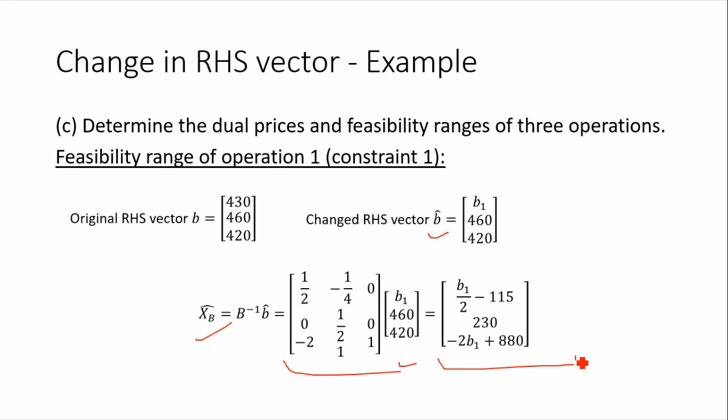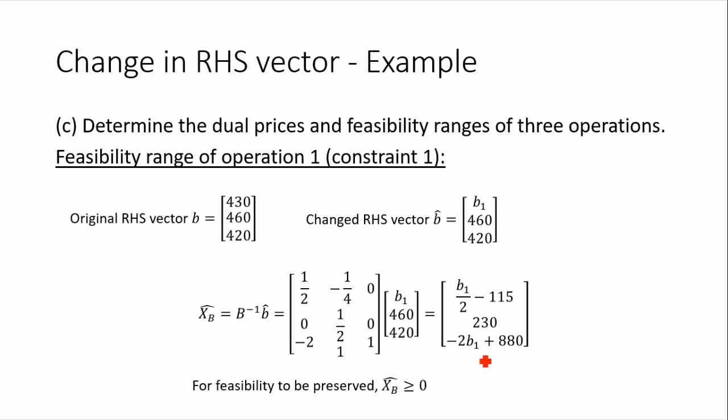Because we are computing the feasibility range, we want to know the condition that will keep this newly obtained solution feasible, non-negative. So for feasibility to be preserved, x b hat should be non-negative. That means all three components of this vector should be non-negative.